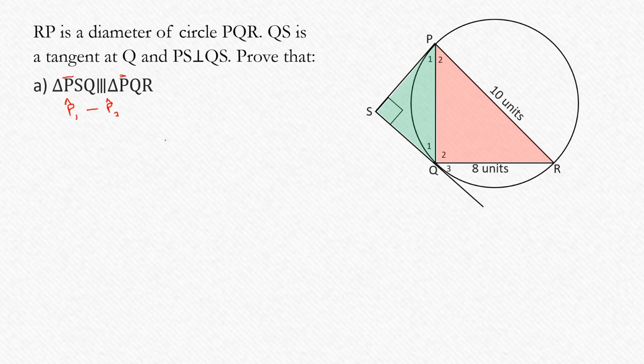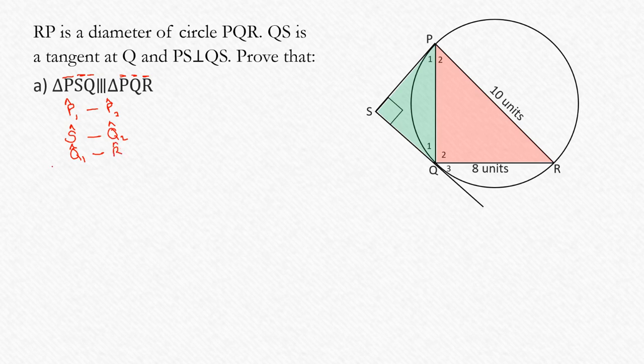And then the next one is angle S and angle Q. Angle S for triangle PSQ goes with angle Q, so it should be Q2 if you check. And then the last pair will be angle Q in triangle PSQ, which is Q1, and it goes with angle R in triangle PQR.